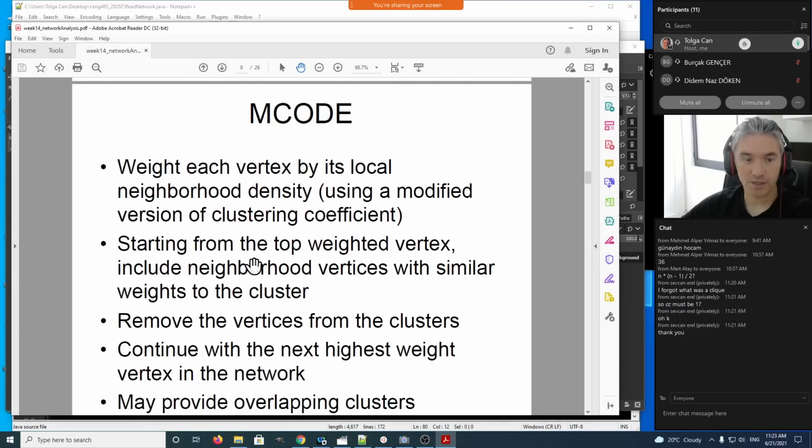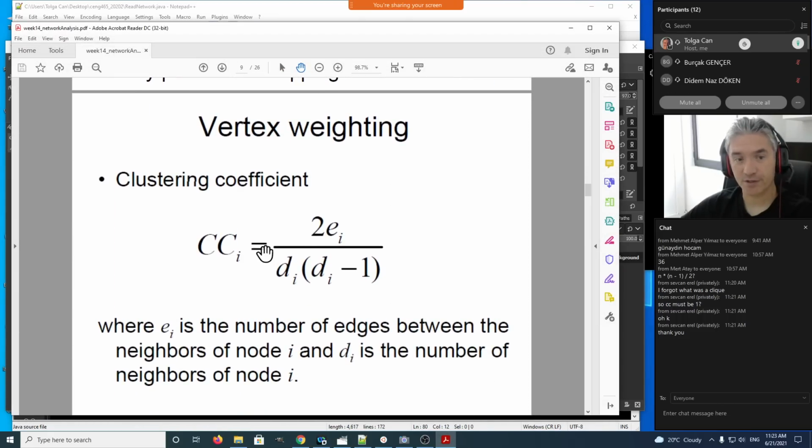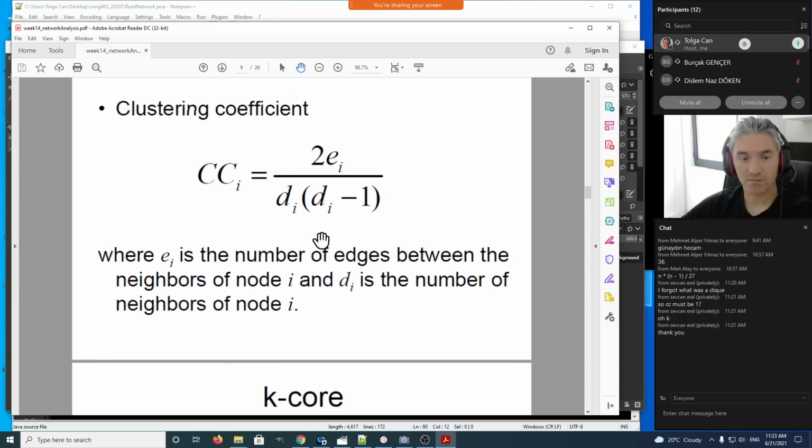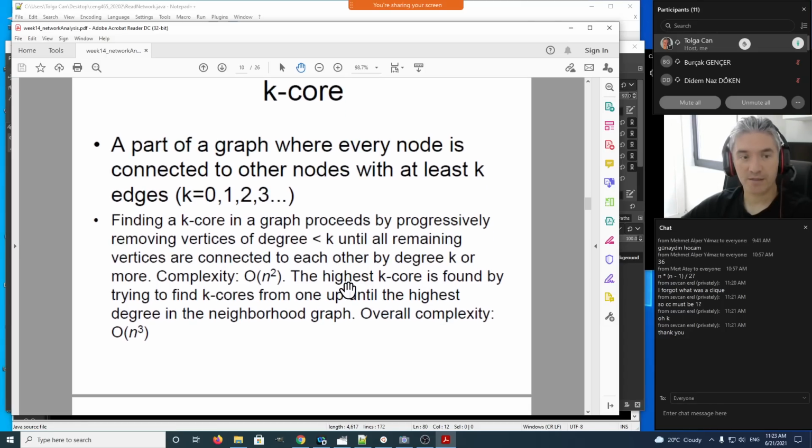So if we take a look at the slide, this was the clustering coefficient that we have talked about, and this is the definition of a K-core. It's a subgraph where every node is connected to the other nodes in that subgraph with at least K edges. So how do you find a certain K-core in a graph, or the largest K-core in a graph?